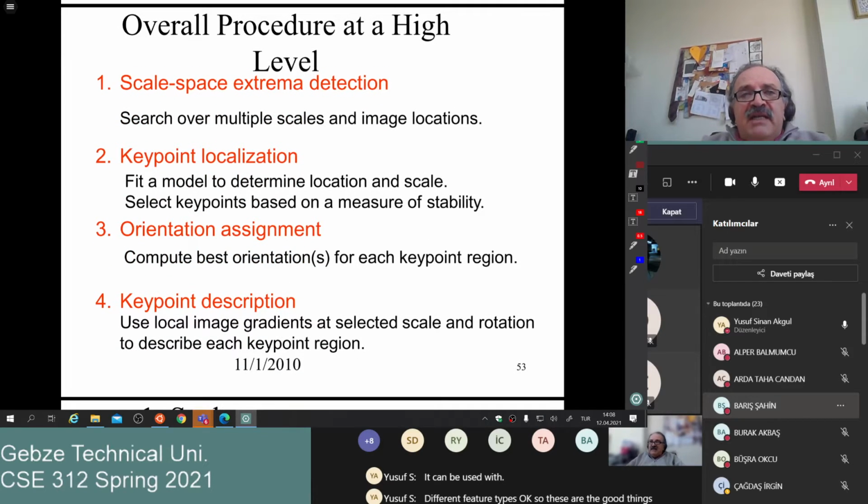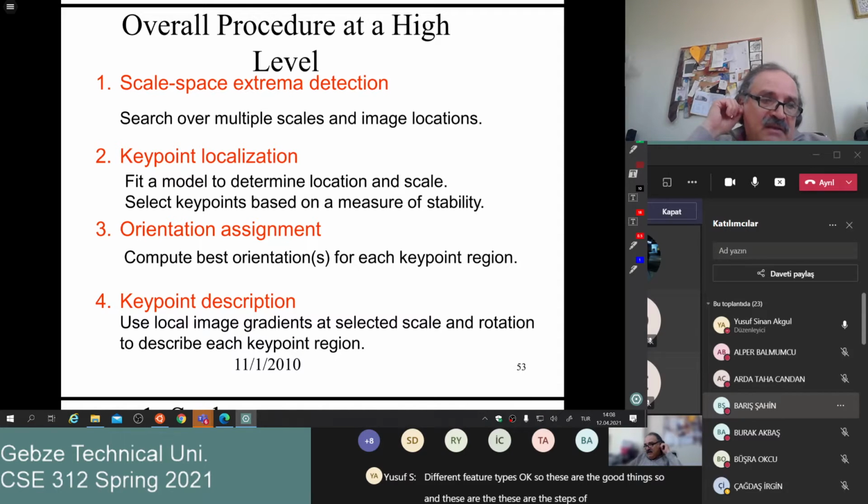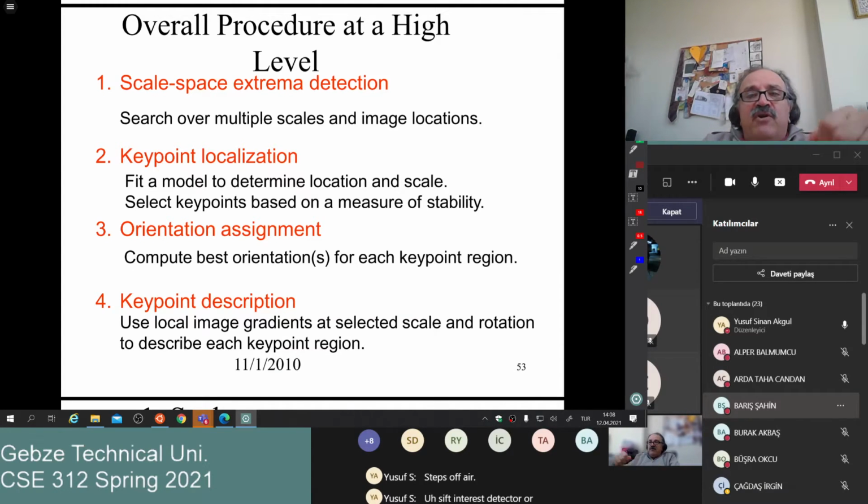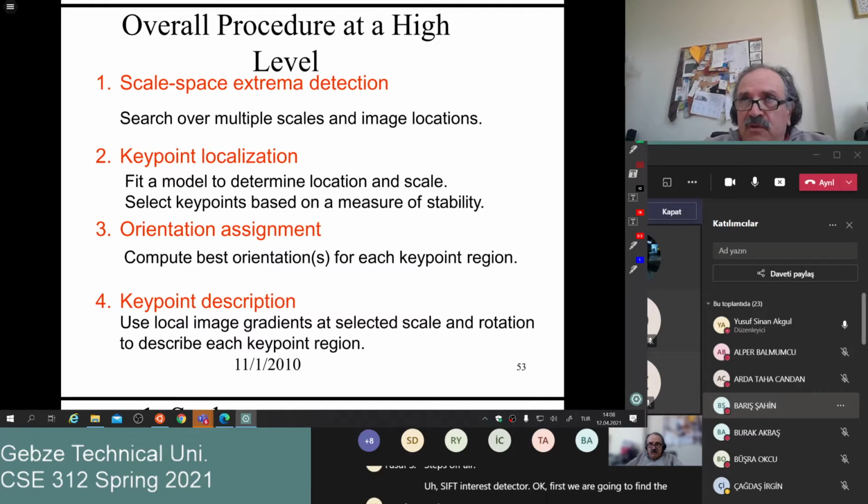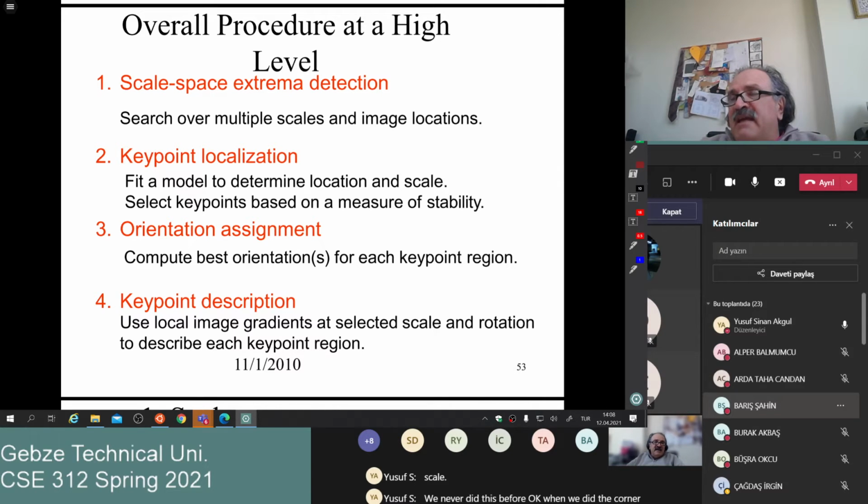And these are the steps of a SIFT interest detector. First, we are going to find the scale. We never did this before. When we did the corner detection, we didn't look at the scale. We never said whether the image is large or small.